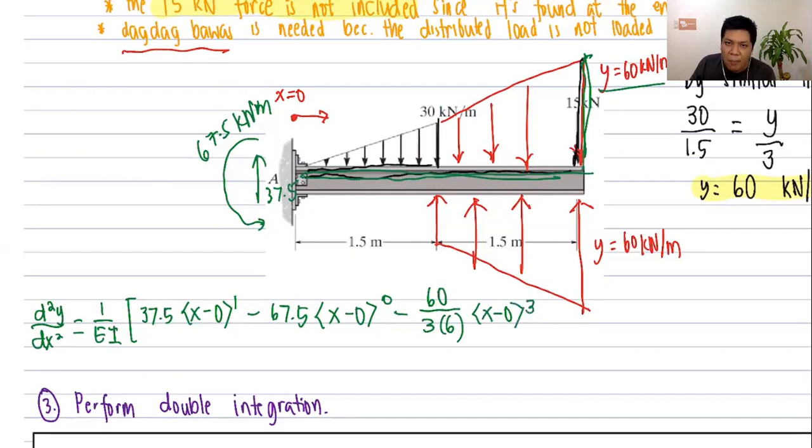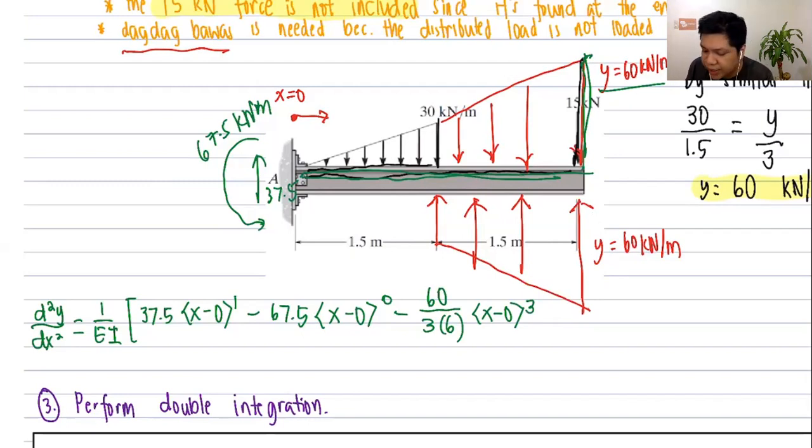Next, how about this portion over here? That portion is actually a trapezoid, you might say. Sir, we didn't discuss any load that is trapezoid.